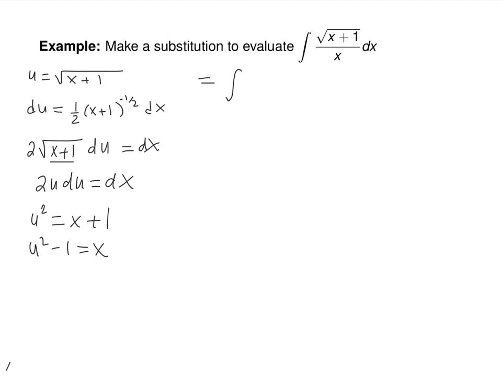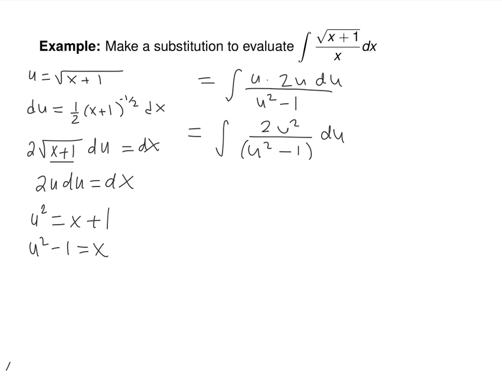So integral of u times 2u du over u squared minus 1, which is the same thing as the integral of 2u squared over u squared minus 1. And you could choose to pull that 2 out at this stage, but you don't have to. I chose not to, so your work will look different than mine if you do pull it out, so for now let's just not, so we match.